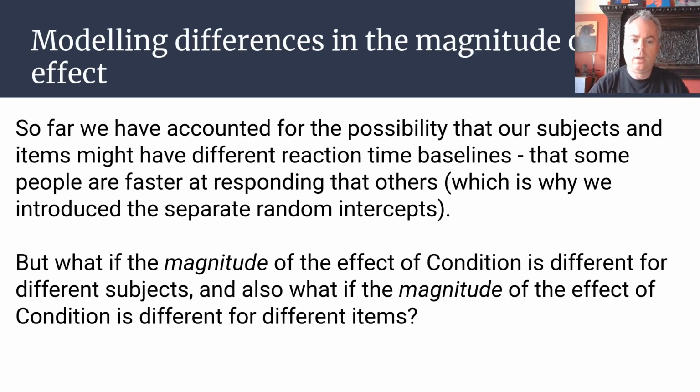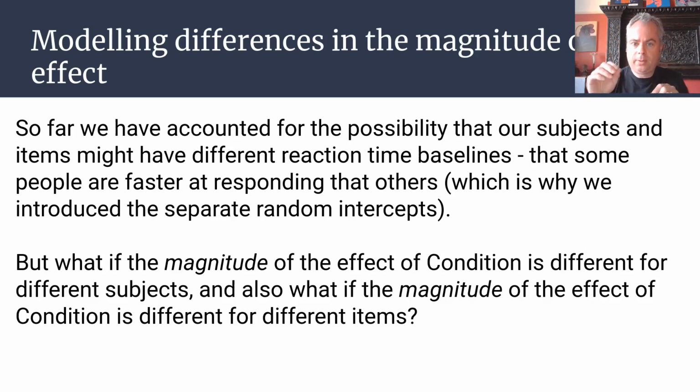So far, we've been talking about modeling differences in terms of the baseline, different baselines between participants, different baselines between our items. But of course, you might imagine for some participants that the actual magnitude of the difference between the experimental conditions differs from one participant to another. For one participant, the difference between the two experimental conditions might be really huge for whatever reason.